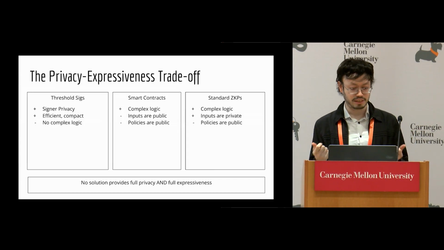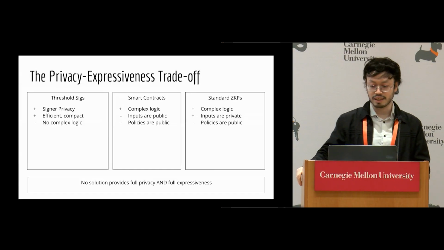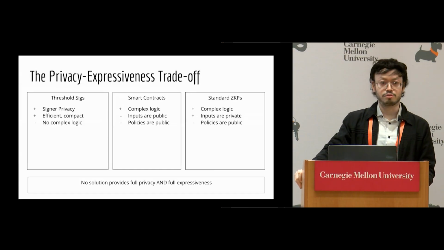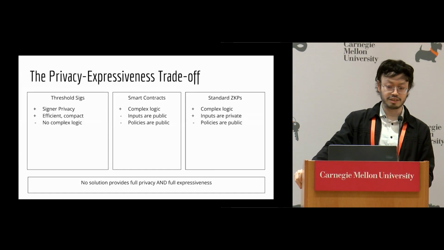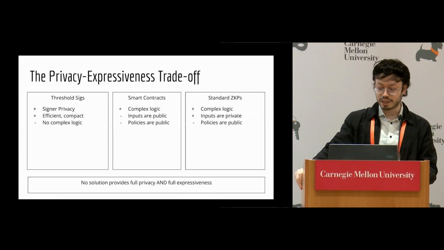These are efficient to construct. But the logic is pretty simple sometimes, okay? You could do these through smart contracts, where you can do arbitrarily complex logic. But the inputs are public. The policies are, again, public, okay? So there is a trade-off between privacy and expressiveness here.